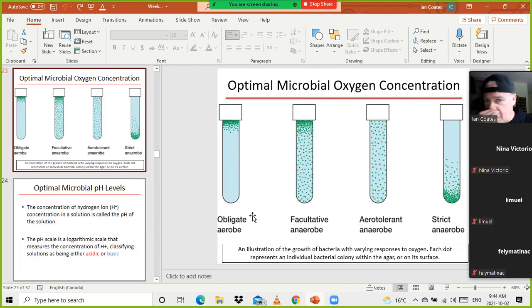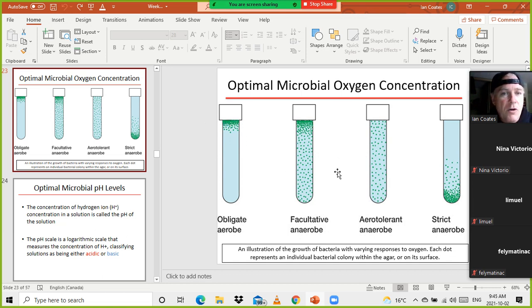And just to have a look here of where they hang out. This is an illustration of the growth of bacteria with varying responses to oxygen. These are little bacterial colonies, and you'll see obligate aerobes have to have oxygen, so they're all hanging out by the top of the cap, because if there are any leaks, the oxygen is going to get in there.